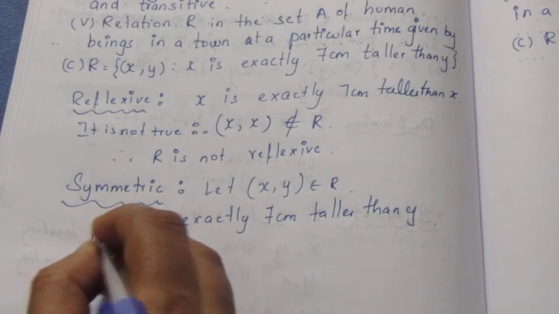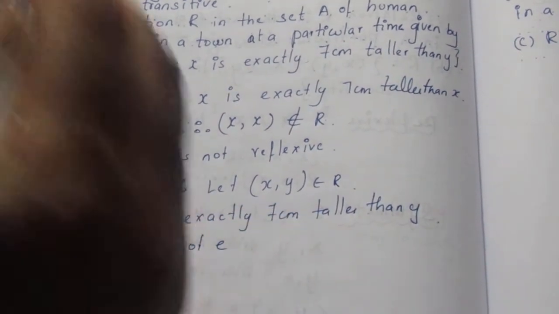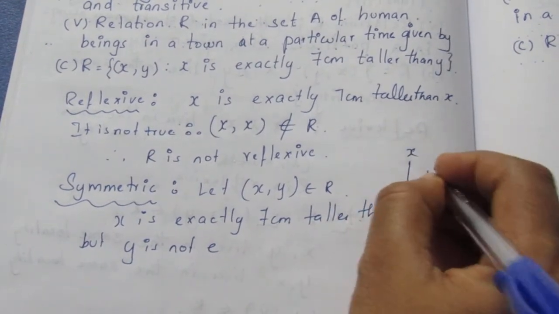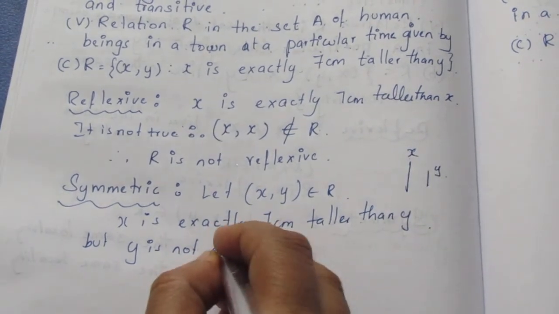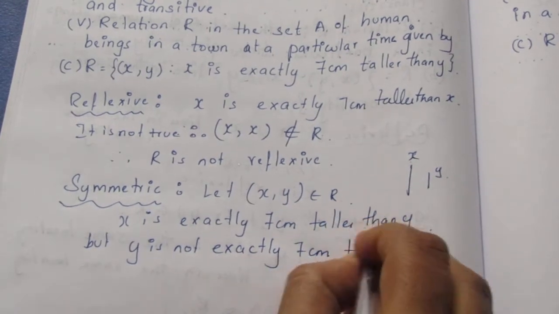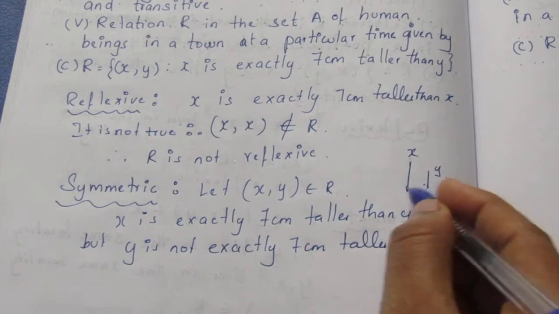But y is not exactly 7 cm taller. As x is a taller person and y is a smaller person, if this is x and this is y, suddenly y cannot be a taller person than x. So y is not exactly 7 cm taller than x. Sorry, y cannot be taller than x.